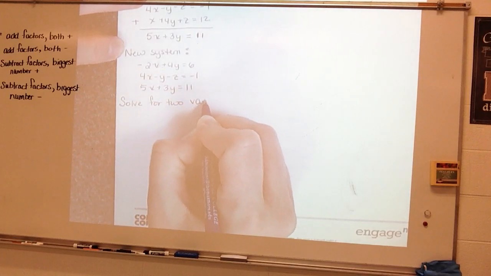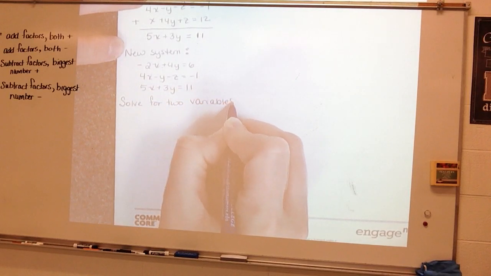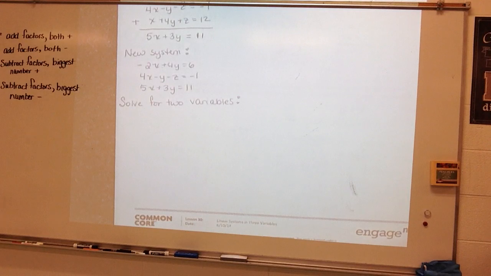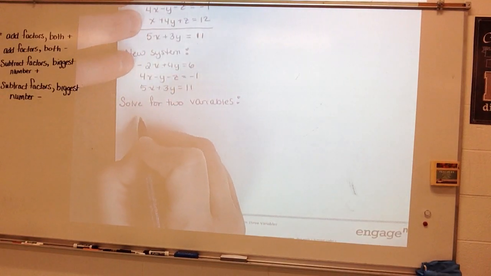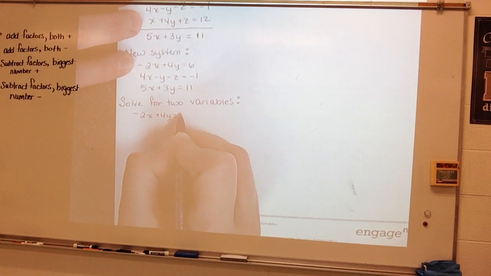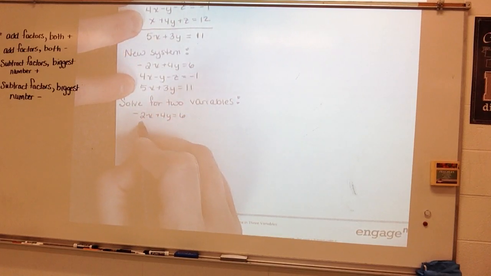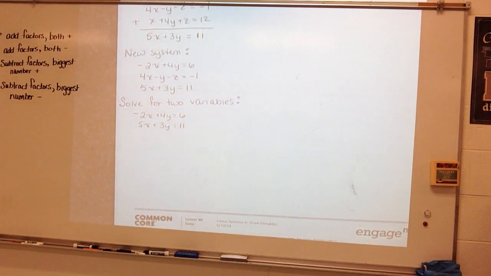So now what we're going to do is we are going to solve for two variables. So looking at this, I have negative 2x plus 4y is equal to 6. And then I have 5x plus 3y is equal to 11.